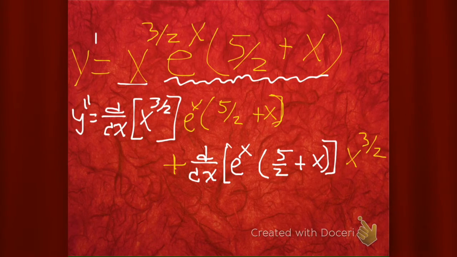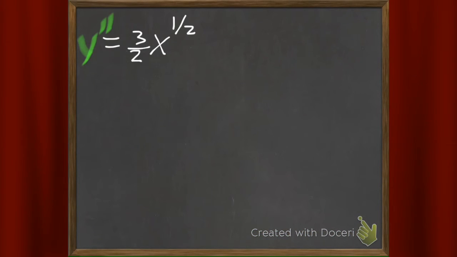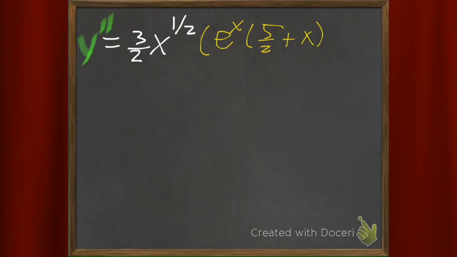And then we're going to multiply it by the second. What was the second? E to the x, times 5 over 2 plus x. Bam. Okay, so that was the derivative of the first times the second.